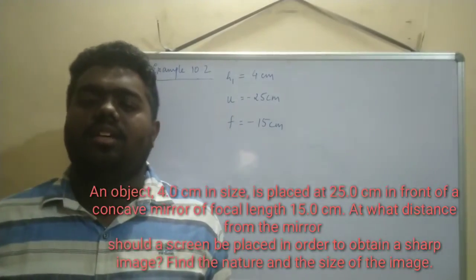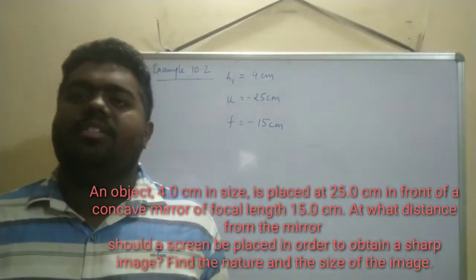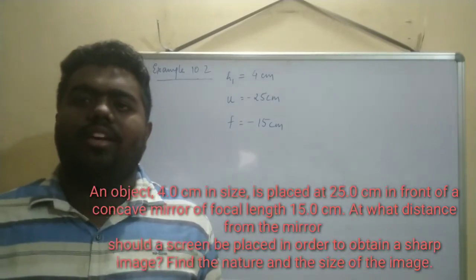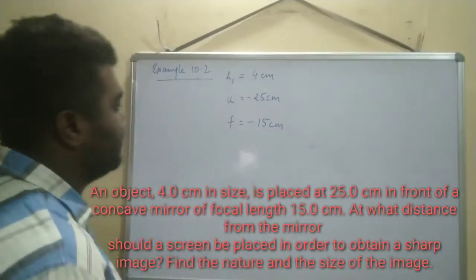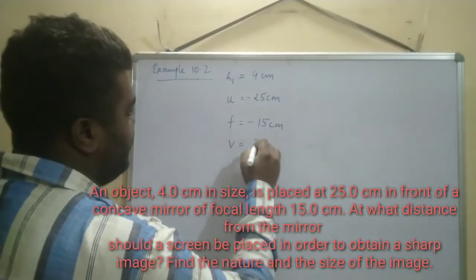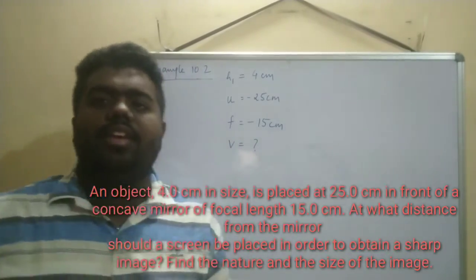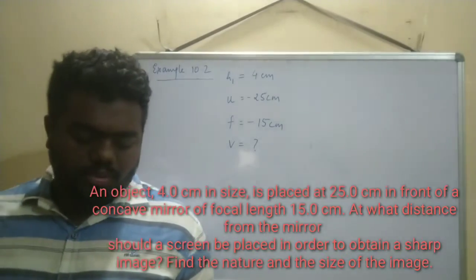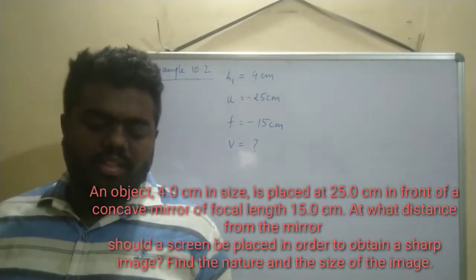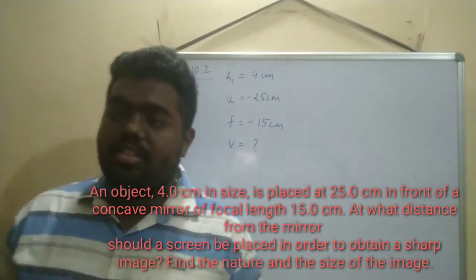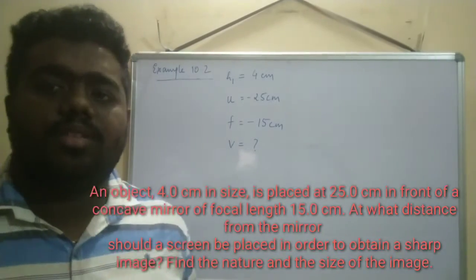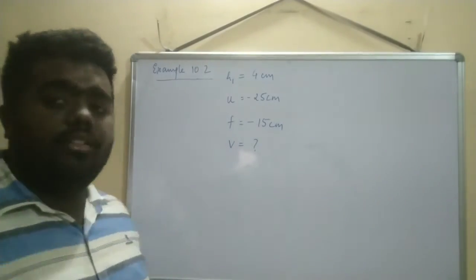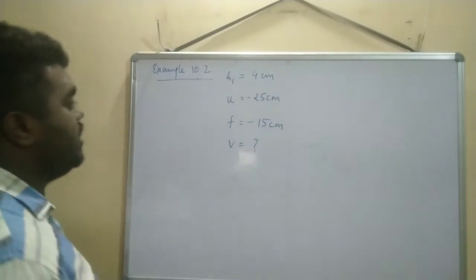That means the distance of the image is required, that means v is required. Now find the nature and size of the image. Nature and size of the image are also required. Fine, so one by one we will proceed.